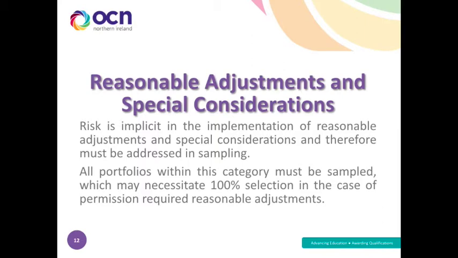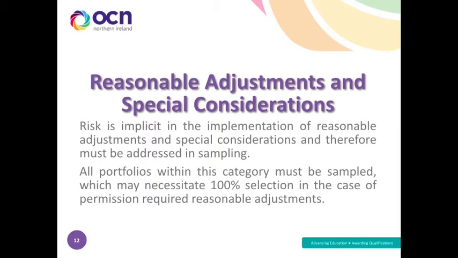Now, if you have made permission required reasonable adjustments for all of your learners, we cannot redefine our assessment strategy within the context of the reasonable adjustment. And in these instances, you are going to need to always select 100% of your portfolios. There's an exception to the rule, and if that sounds confusing, I refer you to the literature supporting reasonable adjustment and special consideration implementation.